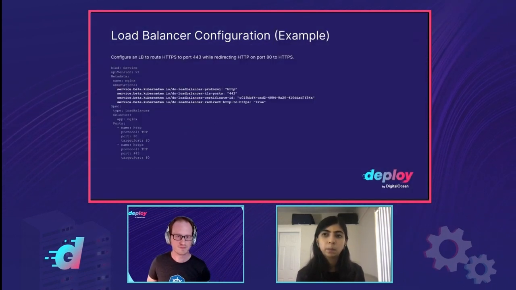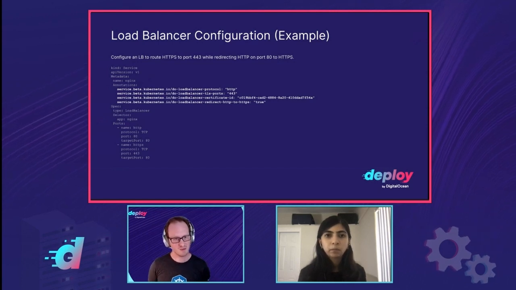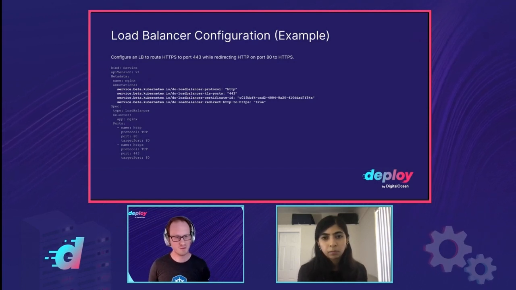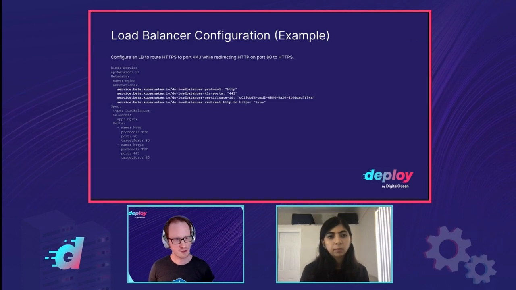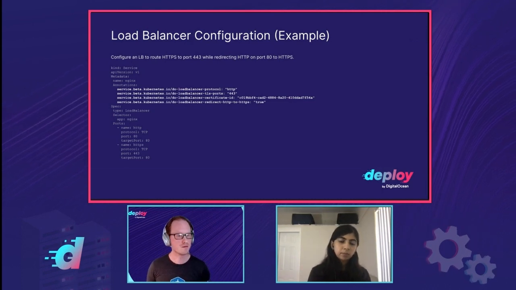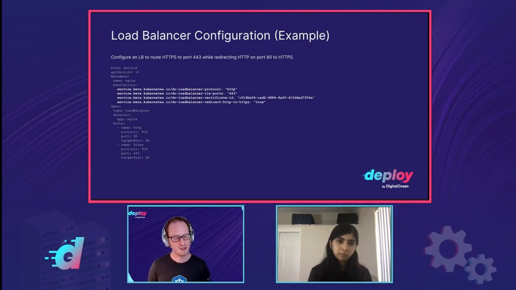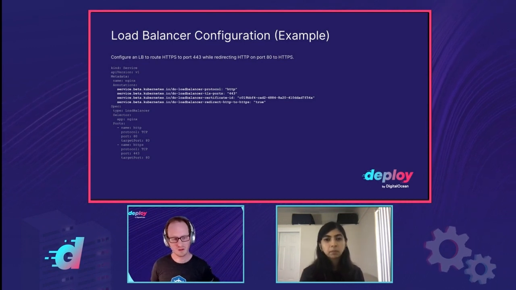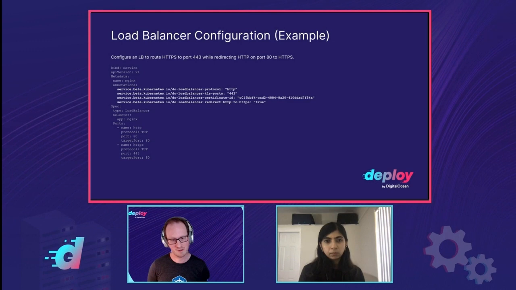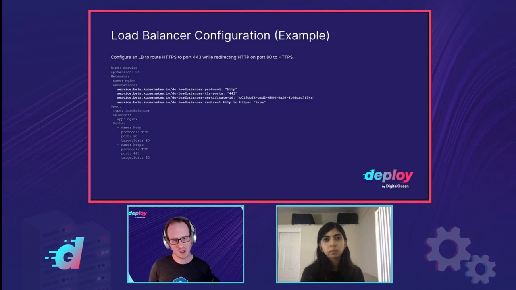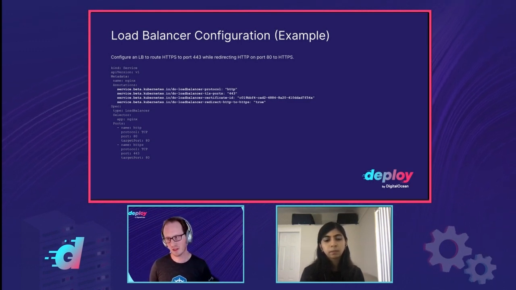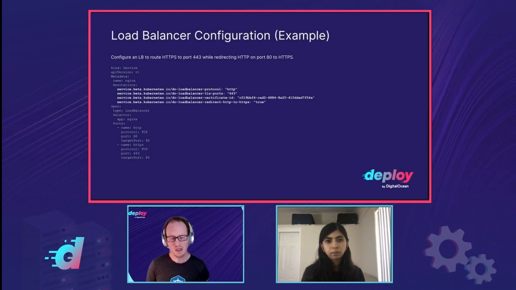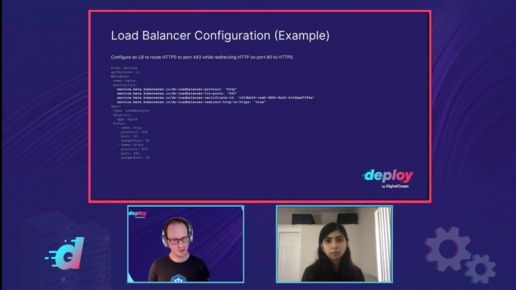So here's a quick example on what a managed LB configuration looks like. This shows just a regular service. This one is fronting an Nginx workload, and it has two ports identified, port 80 for HTTP traffic and port 443 for HTTPS traffic. And we have four DO-LB specific annotations defined here. The first one is about setting the default protocol to HTTP.